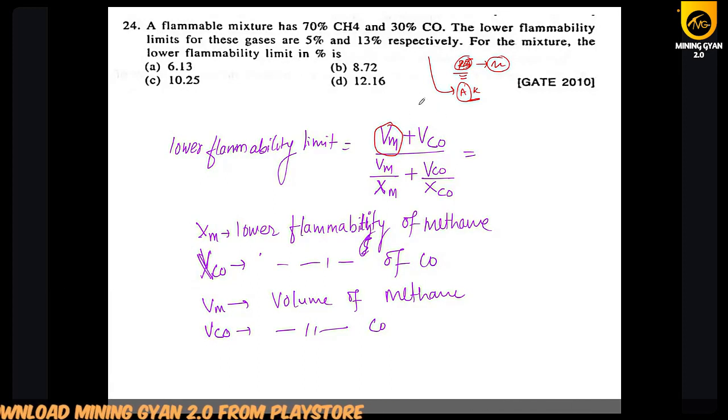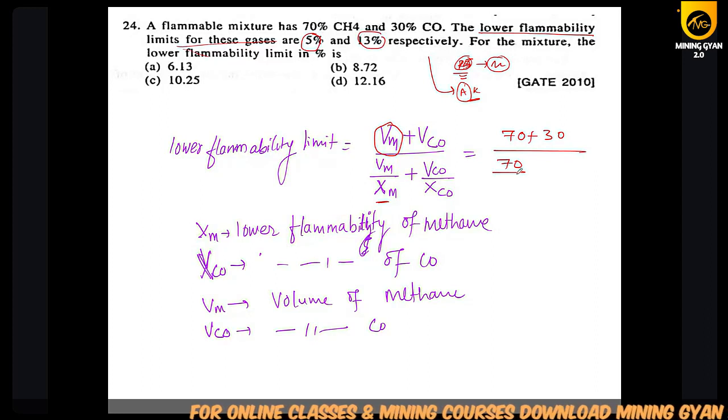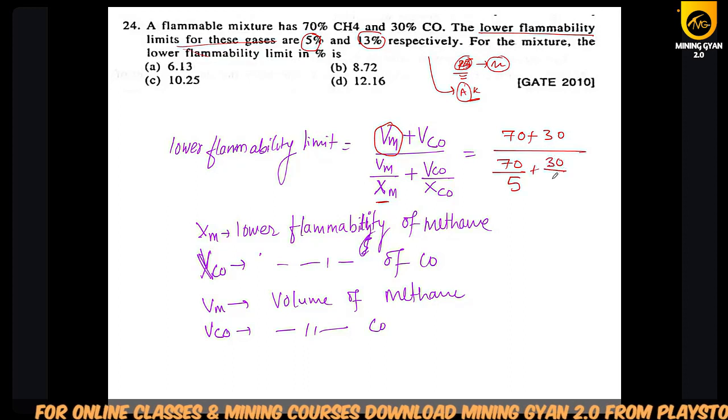Vm means volume of the methane, which is 70%, and volume of CO, which is 30%. And the limit, the lower flammability limit of methane is 5% and CO is 13%. So divide by 5 plus 30 by 13%.